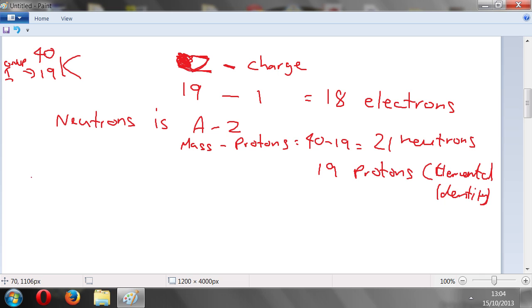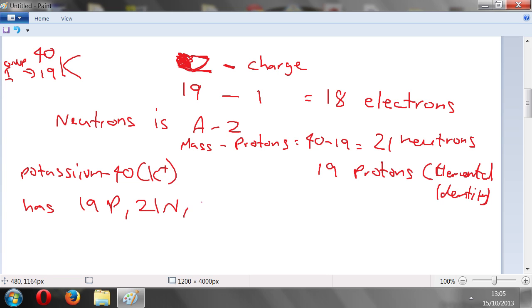So we could say that potassium 40, K plus, has 19 protons, 21 neutrons, and 18 electrons. All right, so there's that.